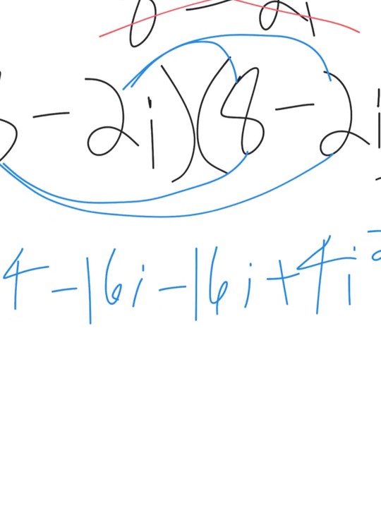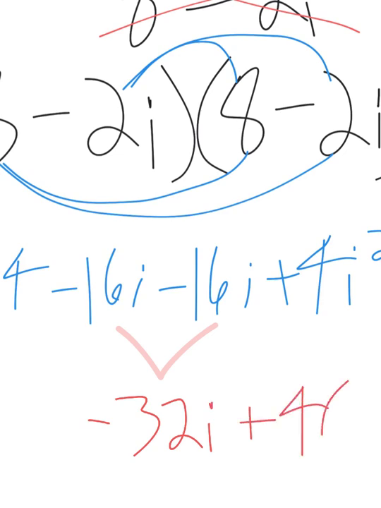So let's combine our like terms in the middle. Negative 16i minus 16i is negative 32i. And 4i squared turns into 4 times negative 1, because the definition of i is the square root of negative 1. So i squared would be the square root of negative 1 squared, meaning just negative 1. And so bring down the 64.